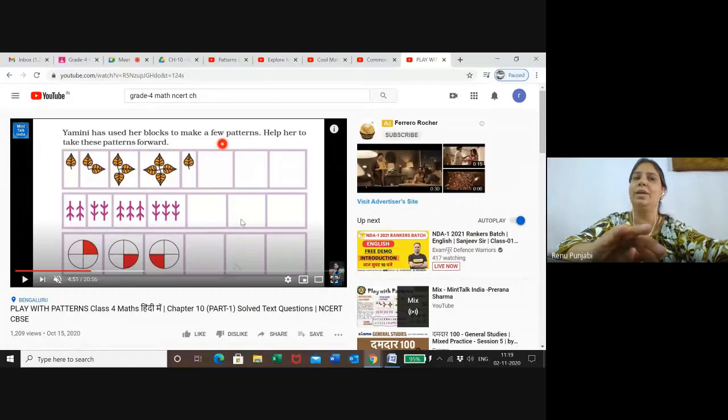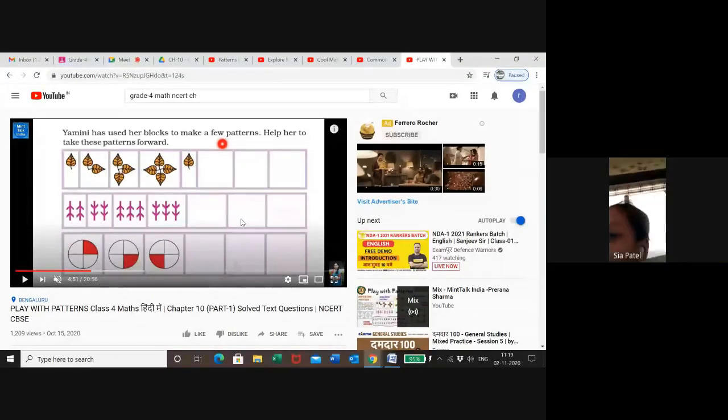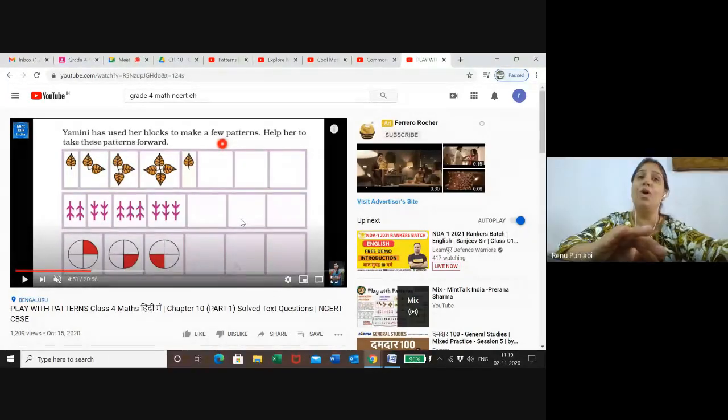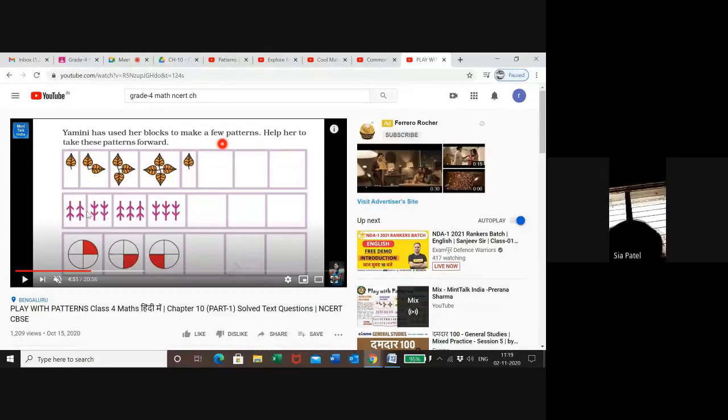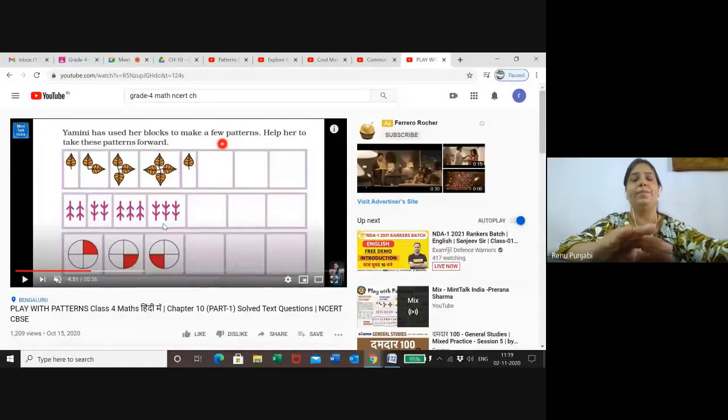And then next will be 5 lines. 2 is repeating 2 times, 3 is repeating 3 times, so 4 will repeat 4 times, right? So 4 lines up, arrow up, then 5 down and 5 up. This way you will create.